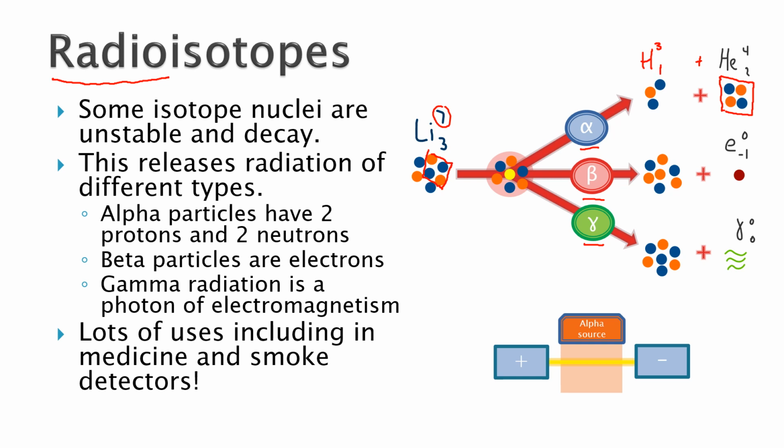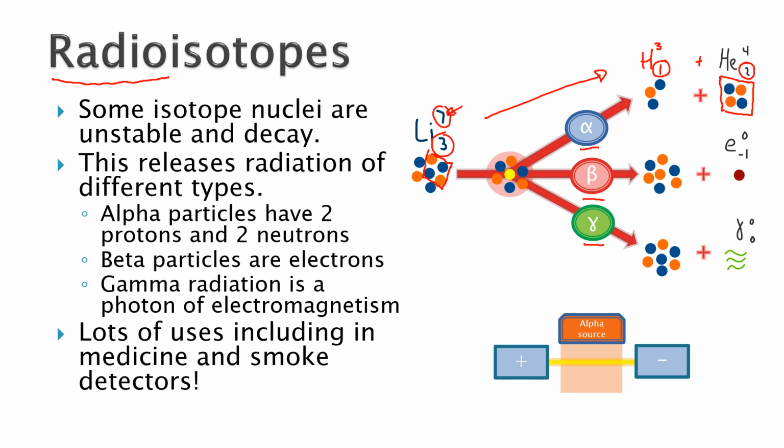One thing you can always do with a nuclear decay reaction, when you're done, to see if you did it right, is add up the tops and the bottoms and make sure that they all equal. So 1 plus 2 equals 3, and 3 plus 4 gives you the 7 here.